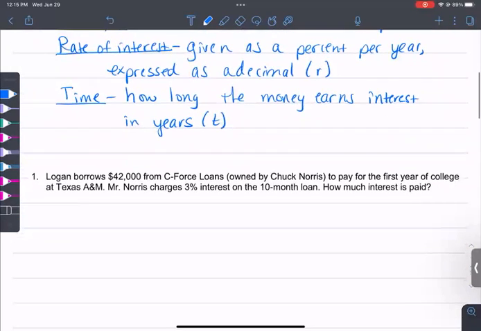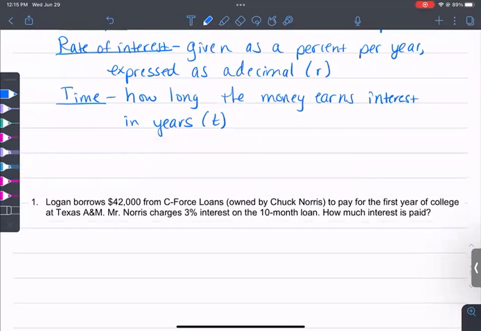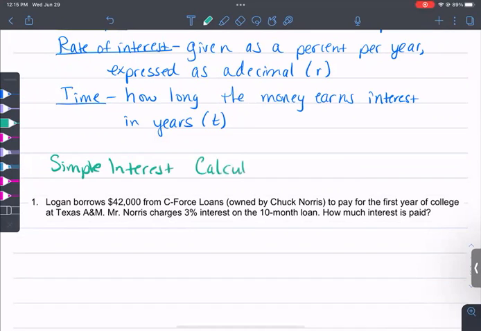Okay, we're going to jump right into our word problems here. With a formula, you'll need to know the simple interest calculation. The formula for that is capital I for interest equals P for principal times R for the rate times T for time.